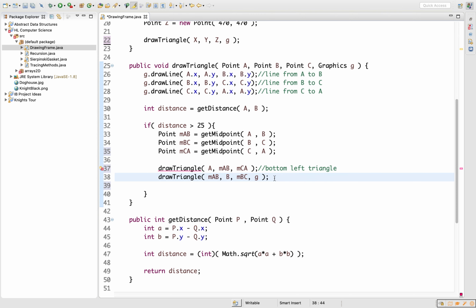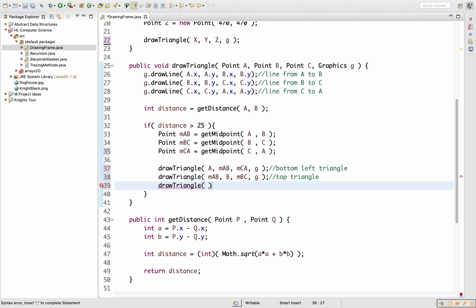All right. This is the top triangle. And finally, dude, I keep forgetting to put that G in there. Okay. And then finally, we got to do another triangle, which is spelled like that. That starts in the bottom right.